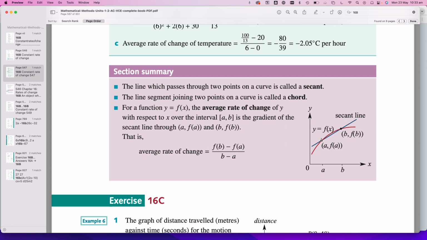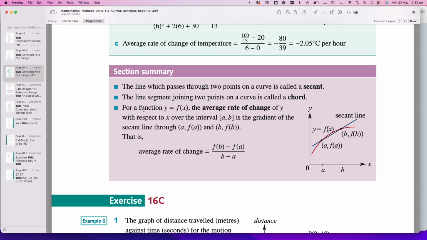If we just zoom down into the bit of the line, otherwise known as a line segment, between those 2 points, that's called a chord. So this bit here is the chord, the secant line is the entire line. And because it's a line, we could express it as a linear function, so y equals mx plus c for some values of m and c. Okay, so there you go.